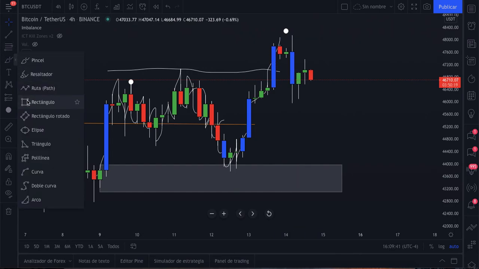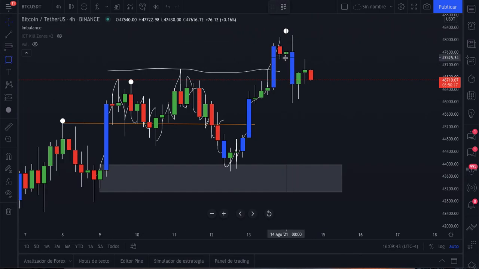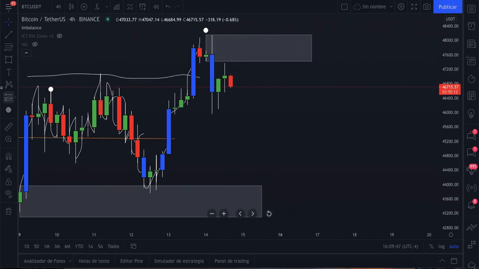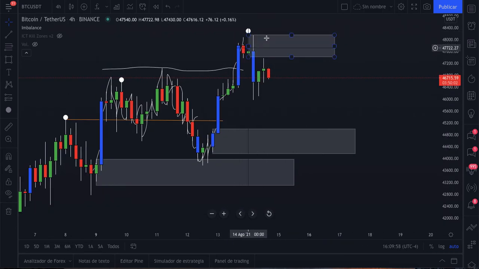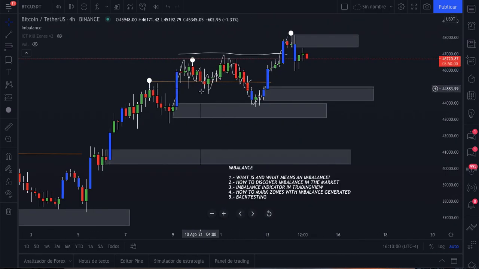Now we have an imbalance for sellers. Look, it's kind of small actually. So we will continue buying. We have important zones to wait, but let's see what is going on in the next few hours.